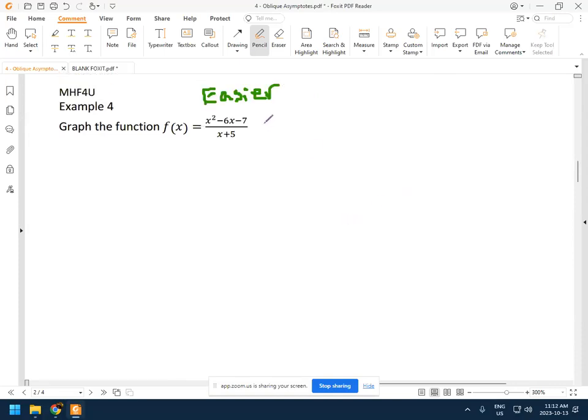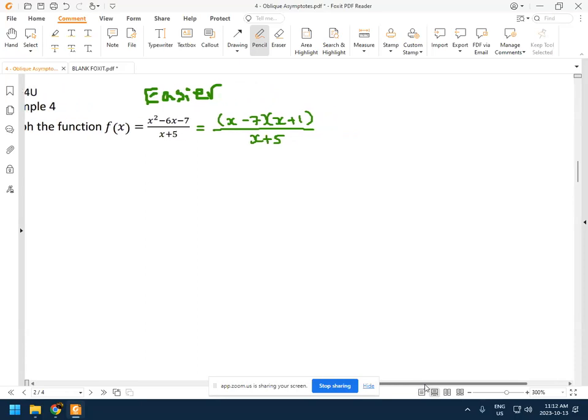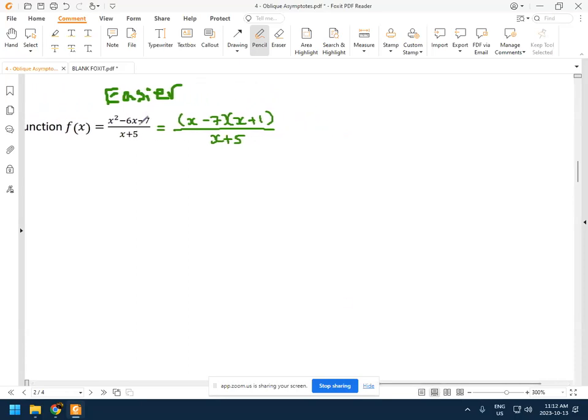First off, just in case I might have a hole, let's factor. This is x minus 7 times x plus 1, all over x plus 5. No holes. Okay, so should I divide out? Just because it helps us with testing for horizontal asymptotes.